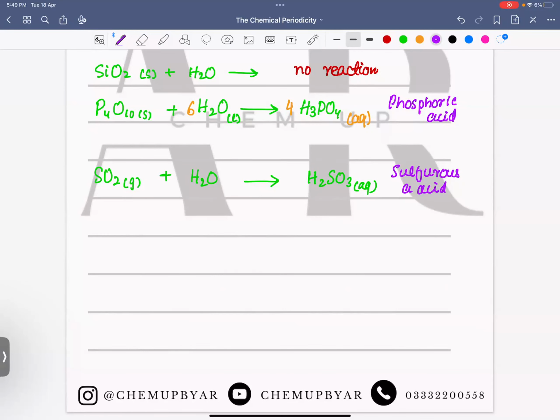And then we have the next sulfur oxide, that is sulfur trioxide.